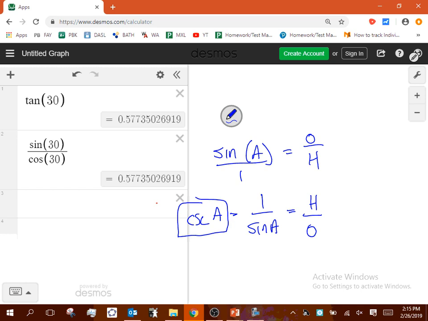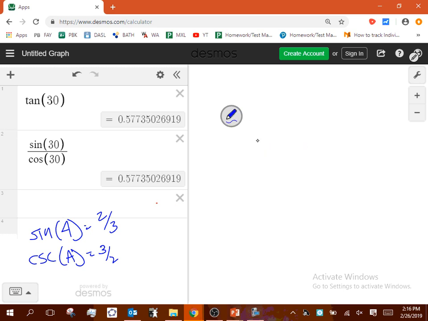So when they tell me in my homework tonight that sine of some angle is 2/3, and then they want to know what the cosecant is, by definition these two things are reciprocals, right? So if this is 2/3, what's its reciprocal? 3/2. All your other functions have that relationship.